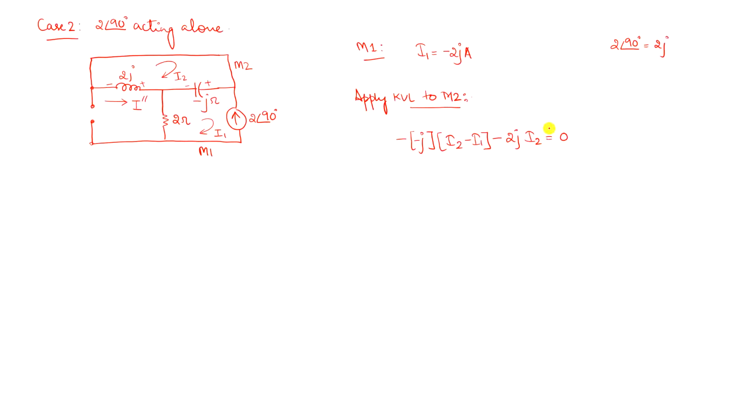Substitute the value of I1 and see what you get for I2. So this is plus JI2 minus JI1 minus 2JI2 equal to 0.